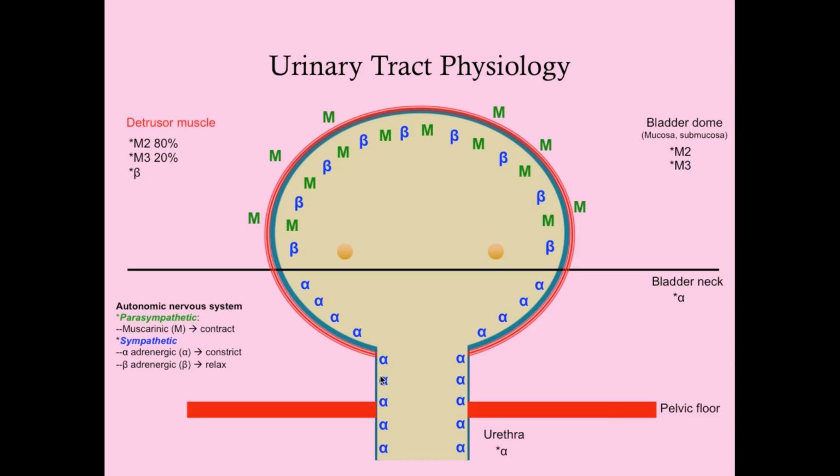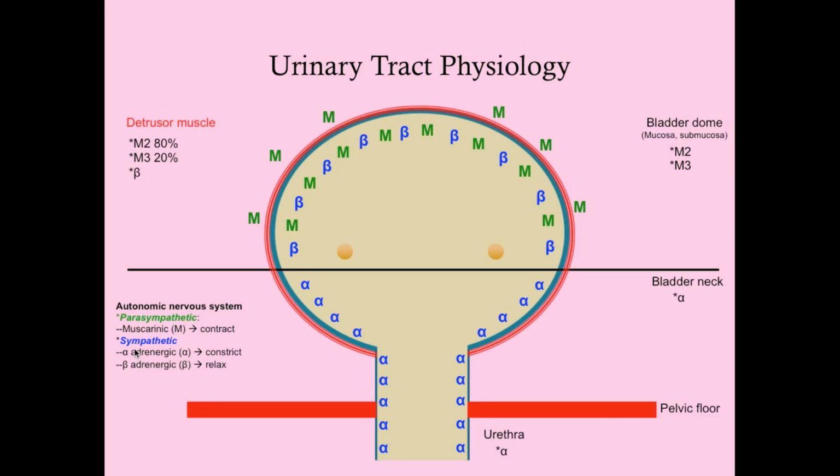So the alpha adrenergic receptors along the urethra and the bladder neck, when they are activated, they constrict. And that is going to favor urinary retention, not urination, because the urethra is closed off. And here, namely, when we're talking about the urethra, we're talking about the urogenital sphincter, the external urethral sphincter.